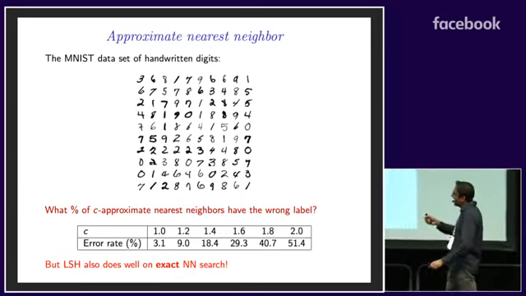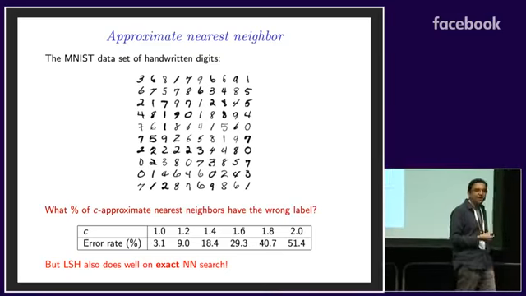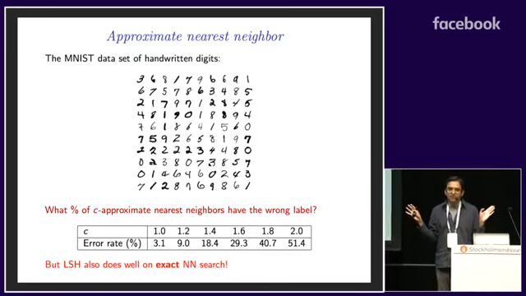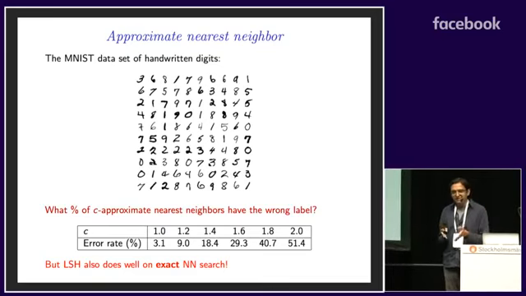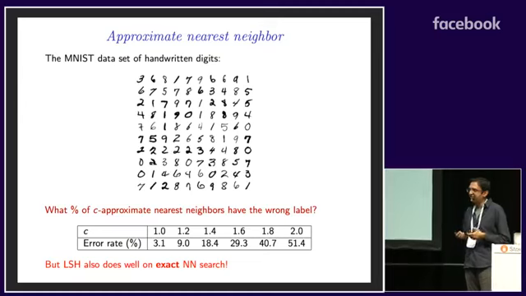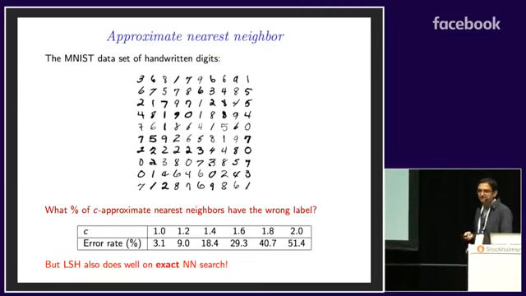With high probability, it's actually returning the correct nearest neighbor, not a C approximate nearest neighbor at all. And I think it's an interesting problem to investigate this aspect of LSH, to say, let's forget about all this approximate stuff. We want the nearest neighbor. It really does seem to be giving us the nearest neighbor. What is the failure probability of that? And I think that might lead to a more interpretable theory for this kind of method.